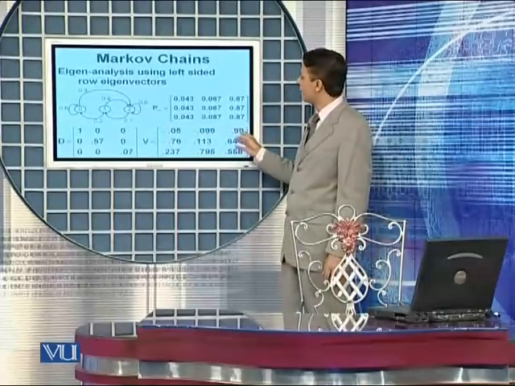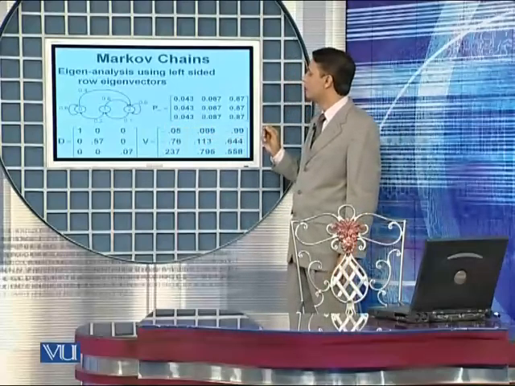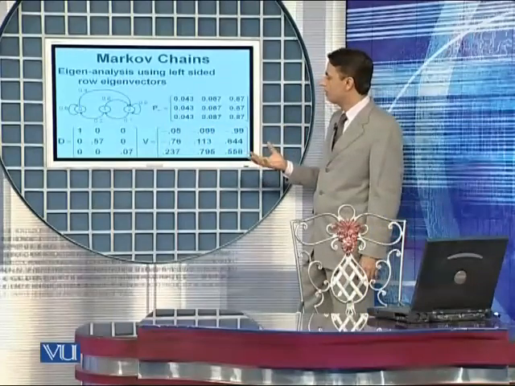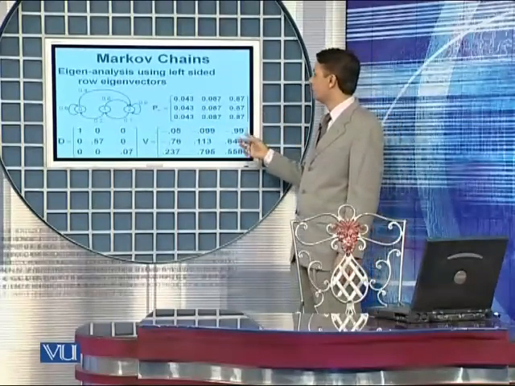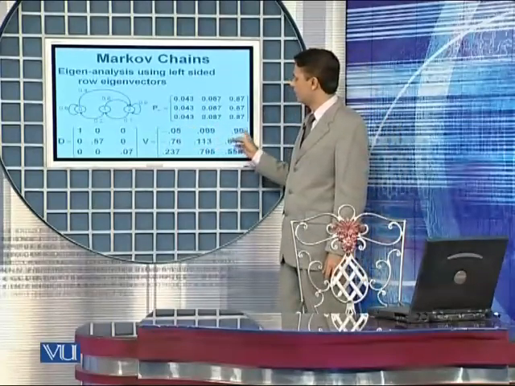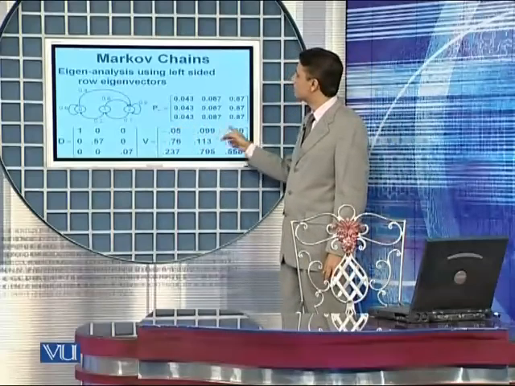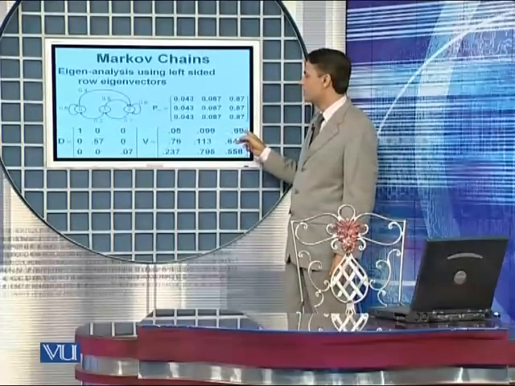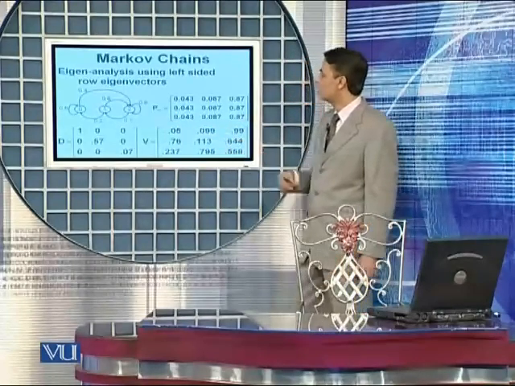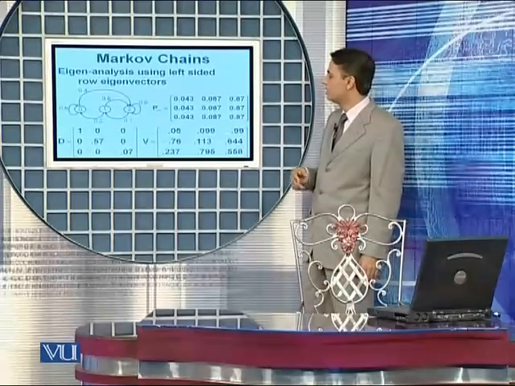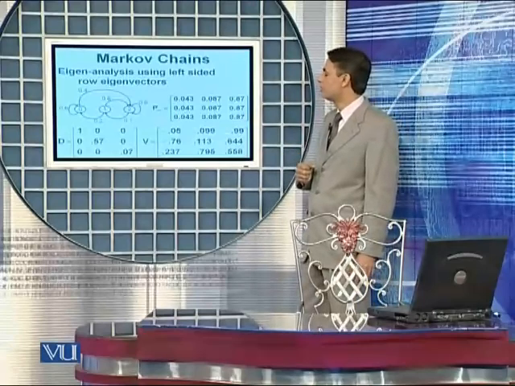Similarly, if you take a scaled version of this row vector and multiply that with P, you are going to get the scaled version of that row vector. So it doesn't matter what vector, as long as it is a scaled version of this vector that is used for matrix multiplication, you will get the same row vector back.